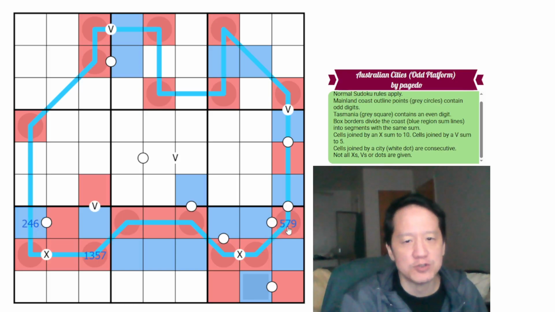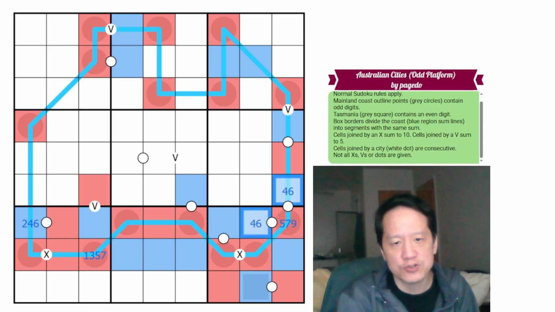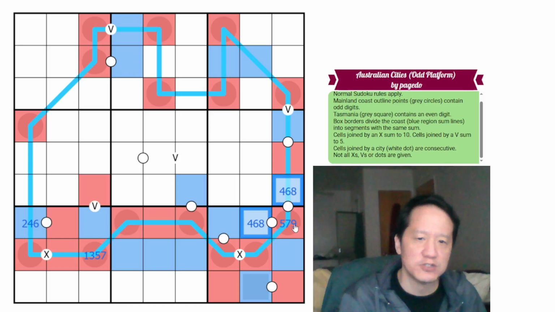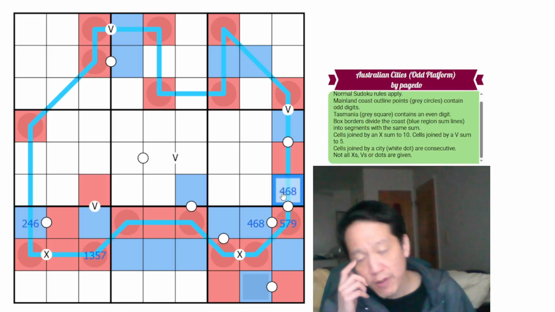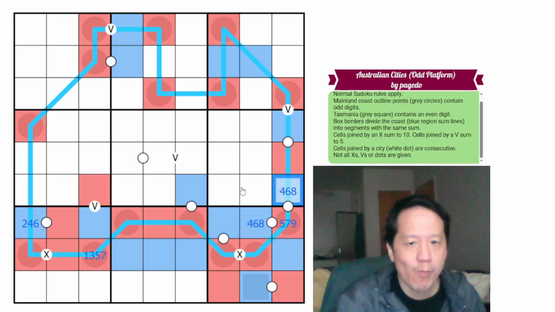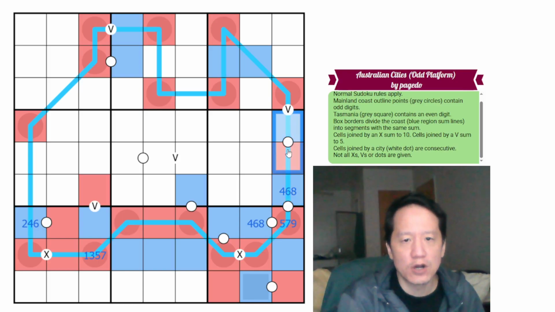And that's also a reason why we know that these digits are different. So these digits are specifically 4, 6, or 8, because those are the only digits that can be consecutive with 5, 7, or 9. Interesting. These 2 are consecutive, and this is at most a 4.